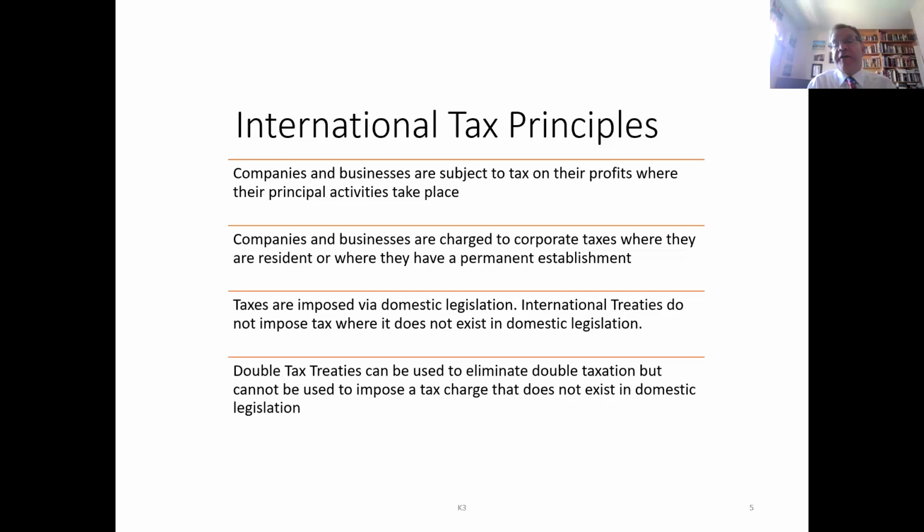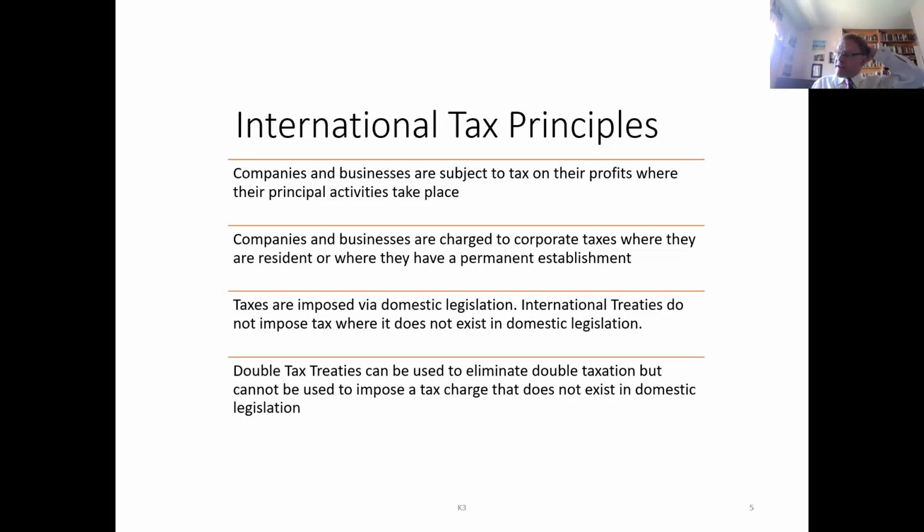And then further, double tax treaties can be used to eliminate double taxation, but cannot be used to impose a tax charge that does not exist in domestic legislation. In other words, if, for example, under the treaty you can withhold 10%, but under domestic legislation there's no withholding tax imposed, then there's no withholding tax imposed.